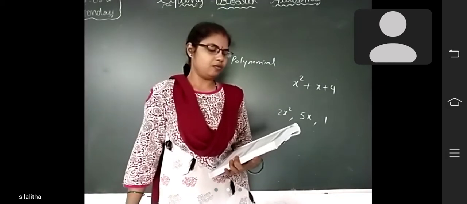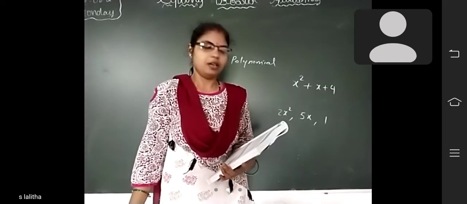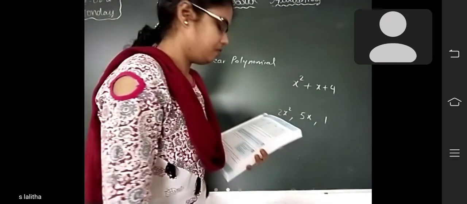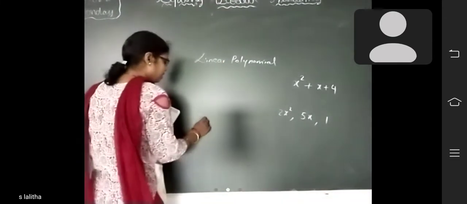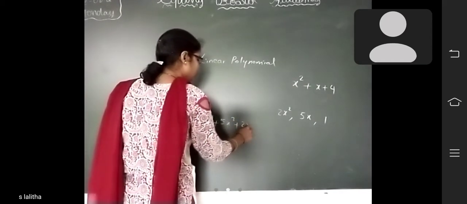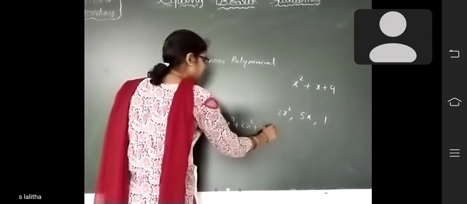More than 3. What do you call more than 3? Name of the polynomial is multinomial. Okay, example. You can write any one: 3x power 4 plus 5x cube plus 2x square plus x plus 5.